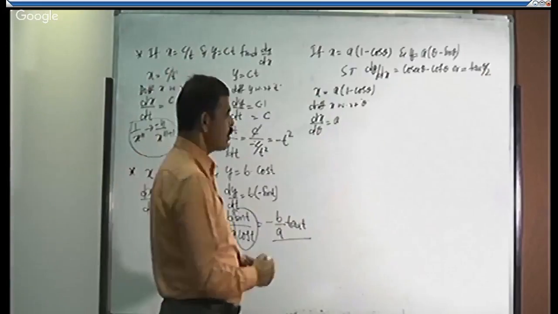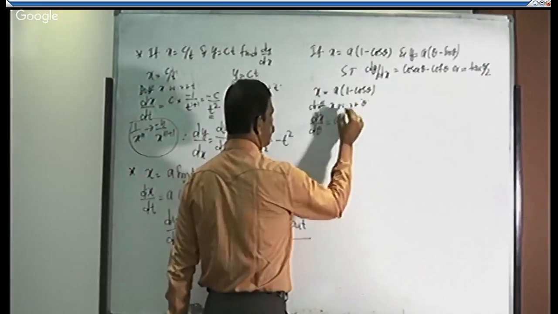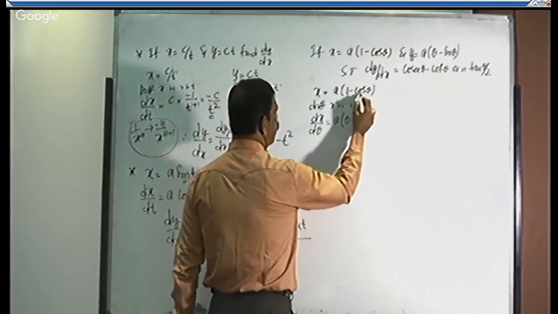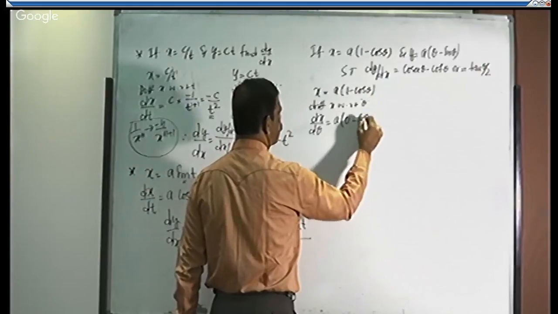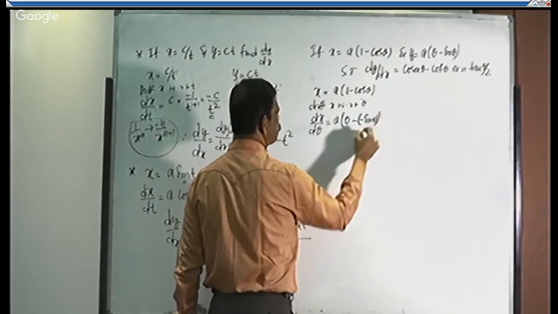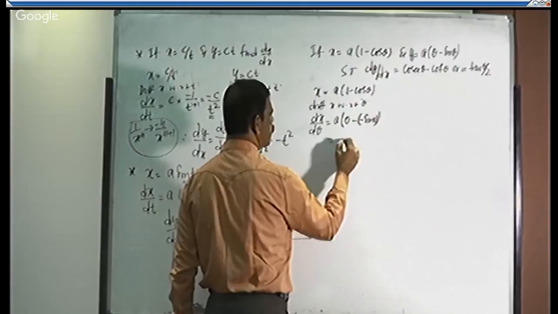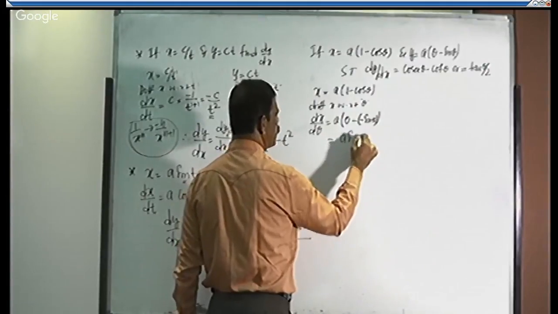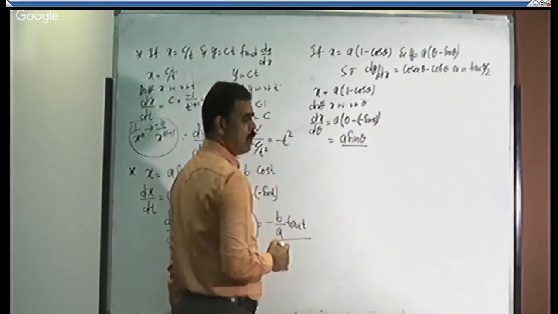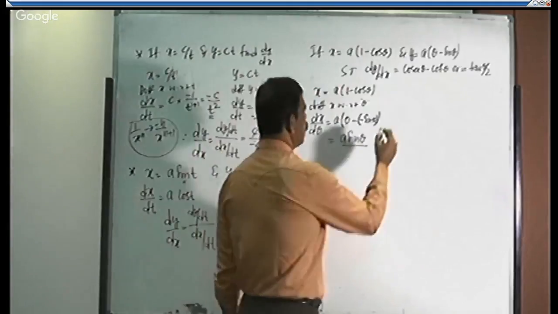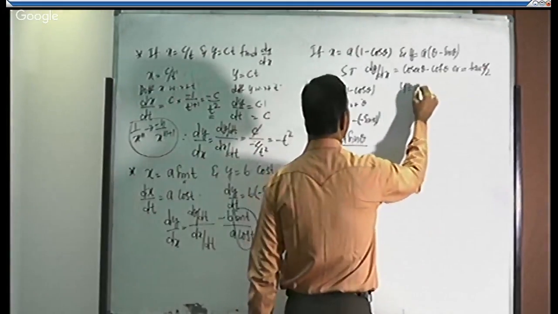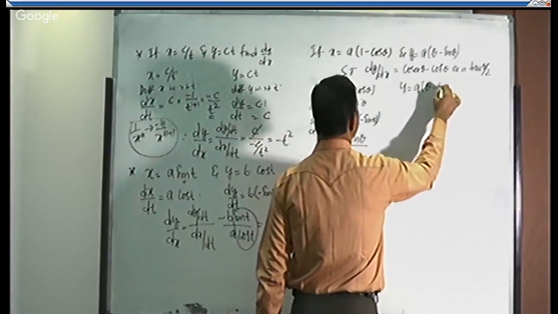Differentiate the function. Differentiation of 1 is 0. Minus, differentiation of cos theta is minus sin theta. Minus into minus is plus, so a into sin theta. Take y. What is y? y is a into theta minus sin theta.